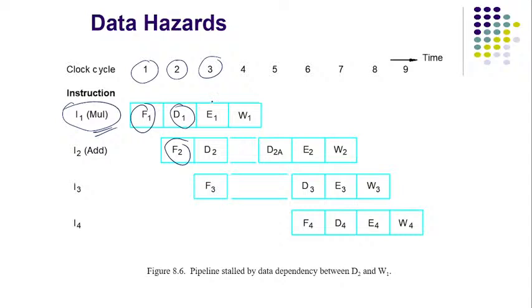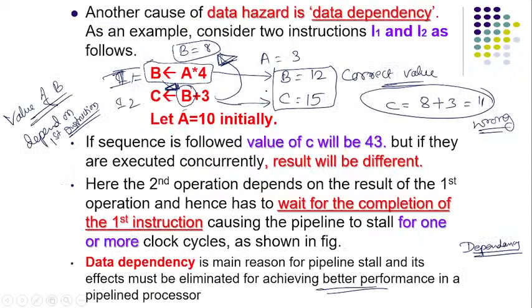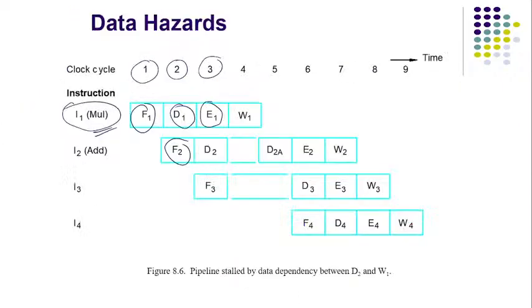Okay, during the third clock cycle, the execution unit performs the multiplication operation. Okay, so it is performing something like B is equal to A into 4, and C is equal to B into B plus 3. Okay, suppose. So this second instruction depends upon the first instruction.